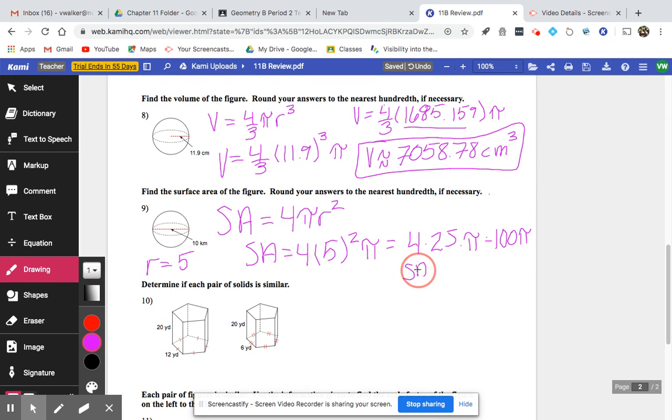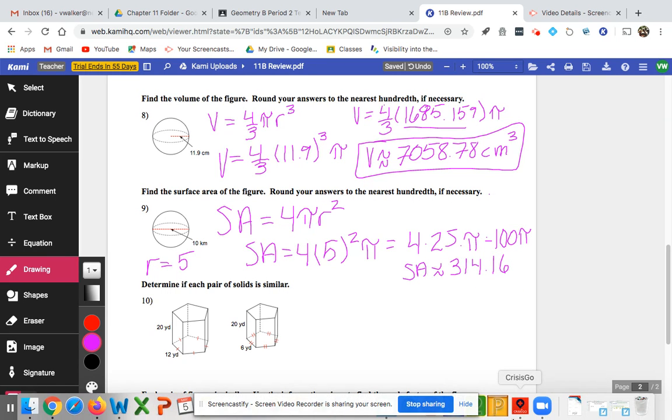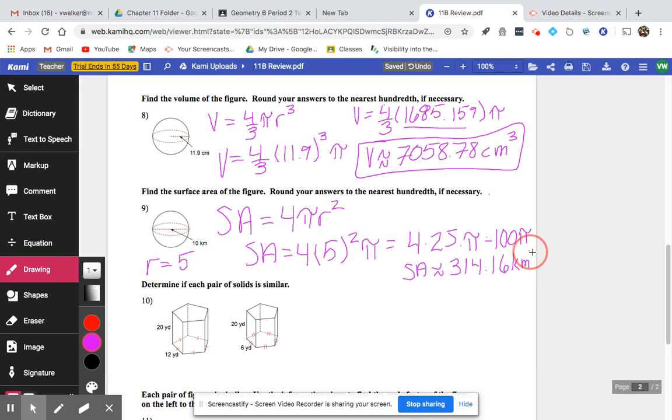So the surface area is roughly 314.16 kilometers squared. And this time it's squared and not cubed because this is area we're talking about, specifically surface area.